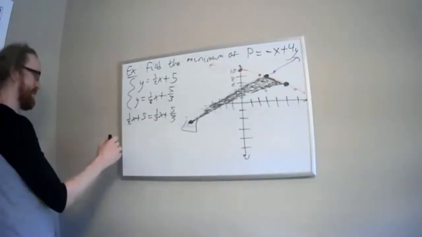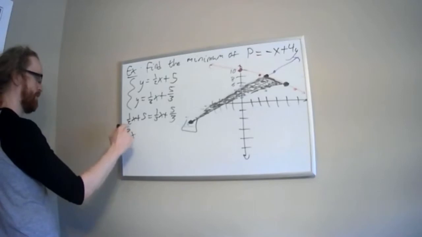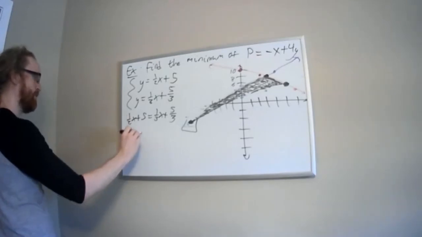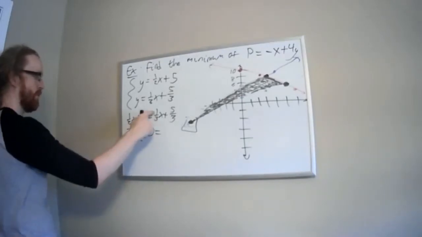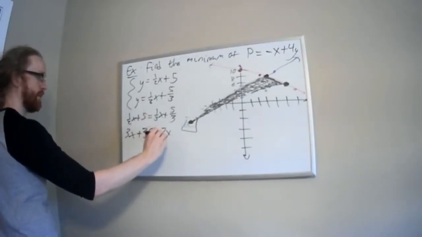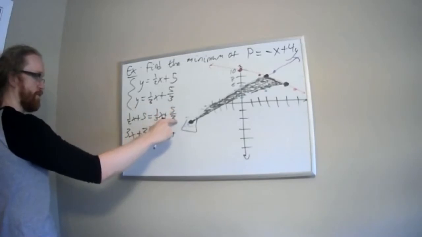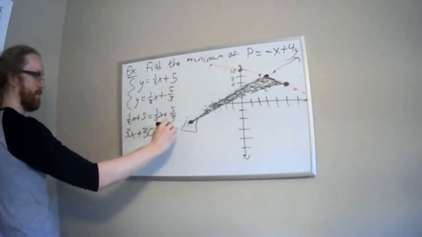I will get 3x, since 1/2 of 6 is 3, plus 30, or 6 times 5, equals 1/3 of 6, which is 2, and 5/3 of 6 is 10.